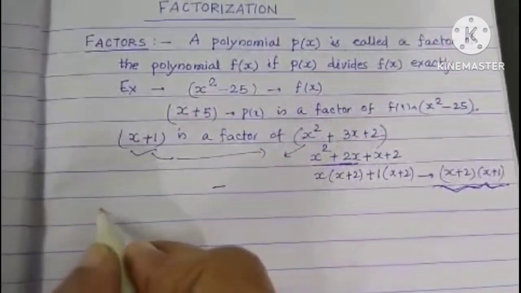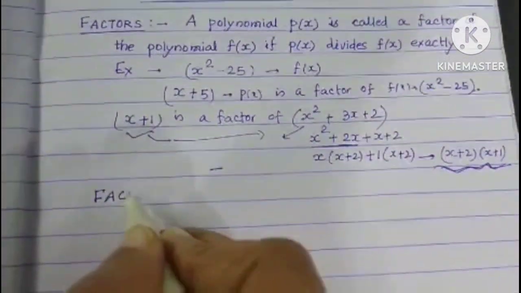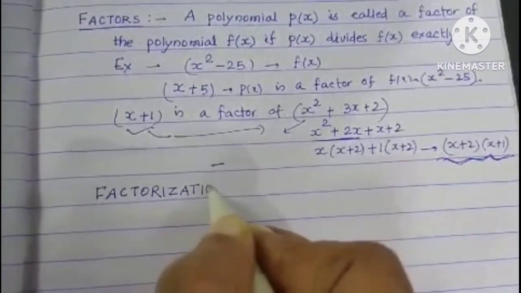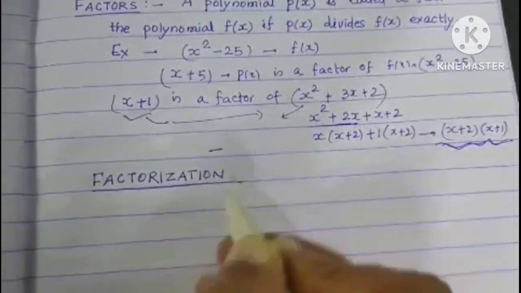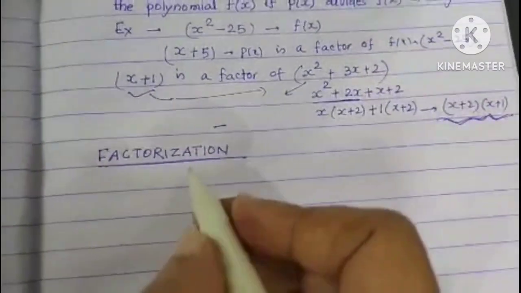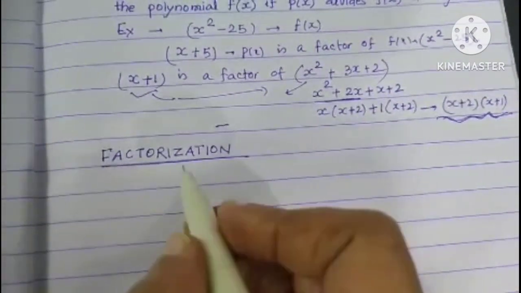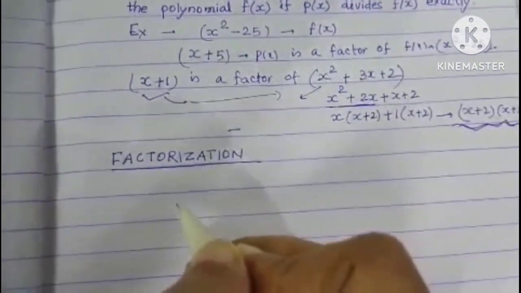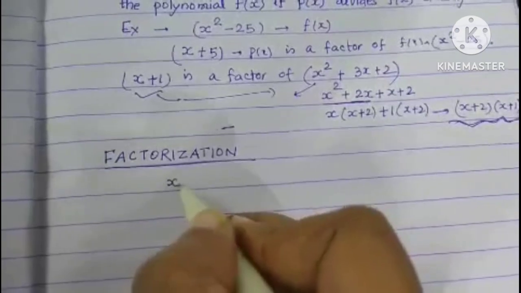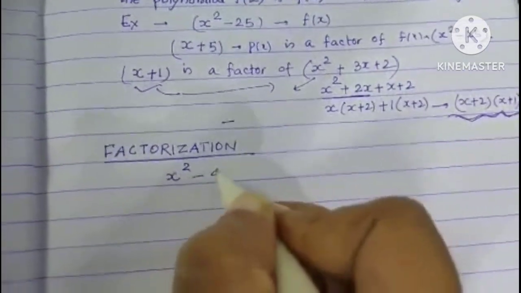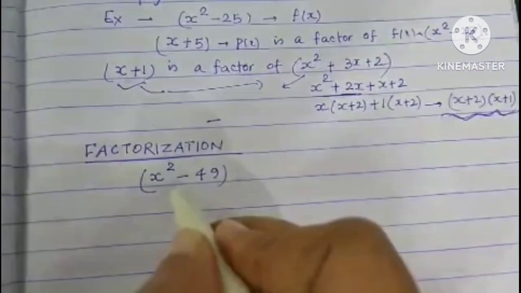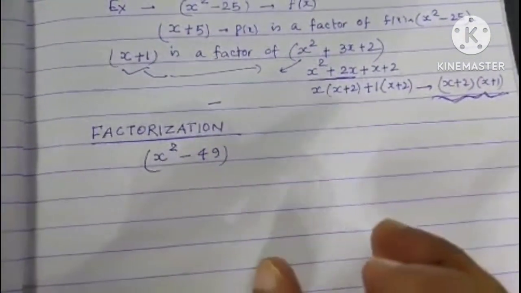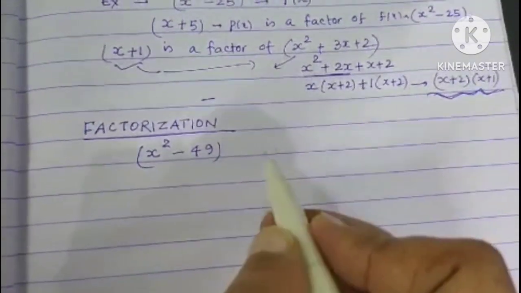Now let us understand what is called factorization. Suppose we want to express a polynomial, let us suppose x square minus 49. It is a polynomial of degree 2. We want to express this polynomial as a product of two smaller factor polynomials.